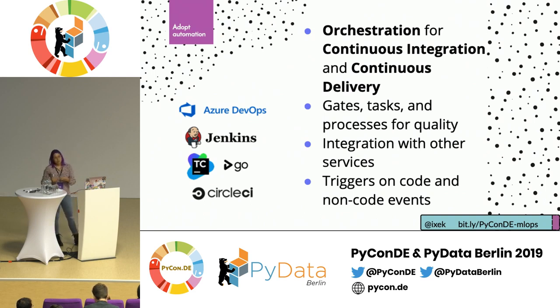You can start having smart alerting when your model is not performing the way it should be, or when a merge request is introducing breaking changes into your code bases. And you can also set it so that it triggers on code events like branching, merge requests, or pull requests, and also non-coding events.